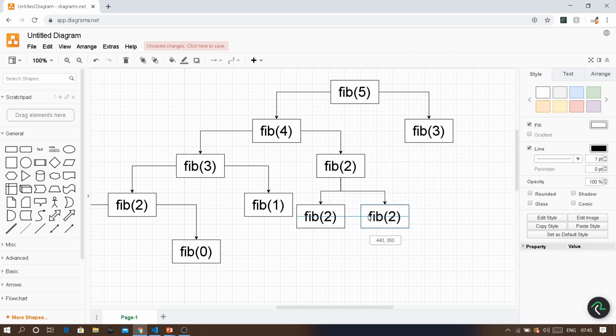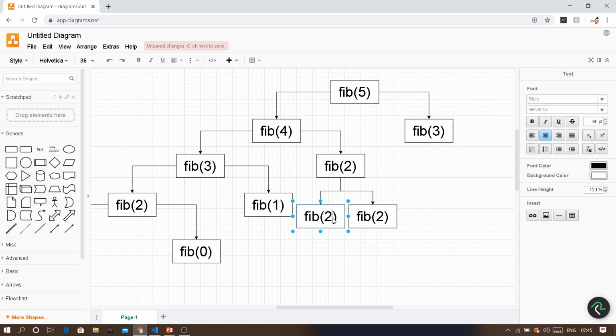The left side is going to be Fibonacci of 1, which is Fibonacci of n minus 1 generally, and the right is Fibonacci of n minus 2, which is 0. Fibonacci of 1 and Fibonacci of 0 are the stopping points, so I have stopped here.